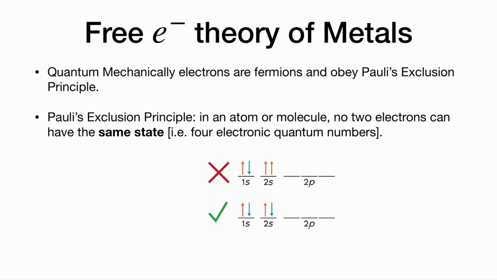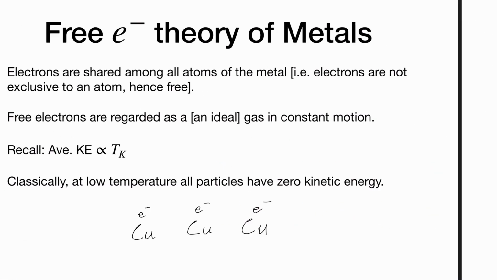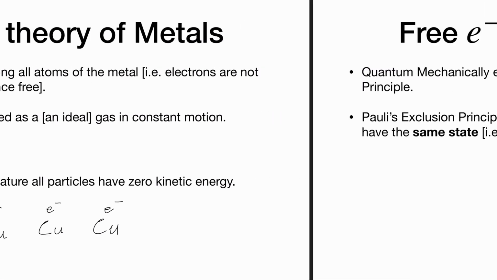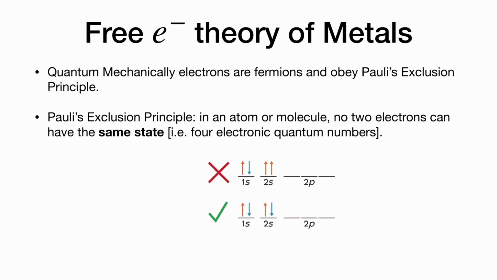But before we go on, we have to consider that although these electrons are free to roam around and have no sense of belonging to any of these atoms individually, but they belong to the sample, there are still some rules that these electrons need to observe.